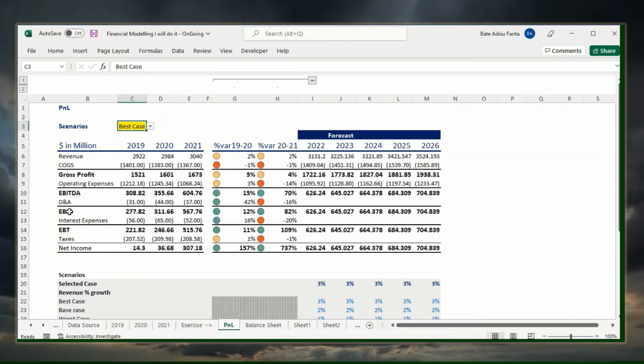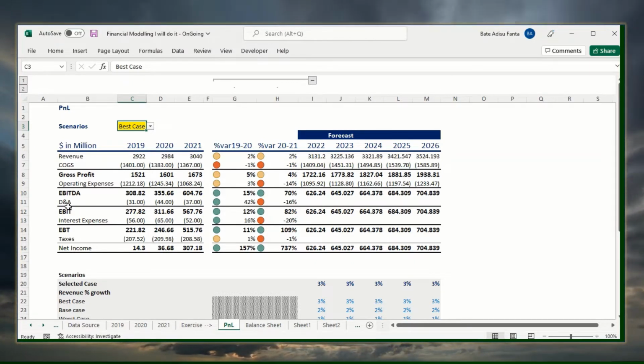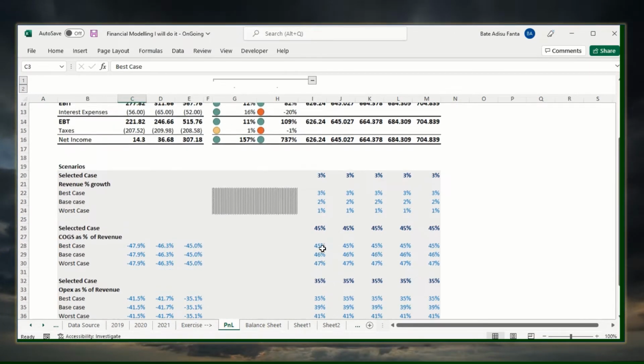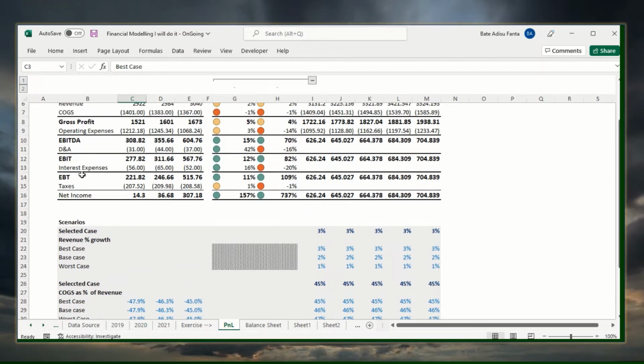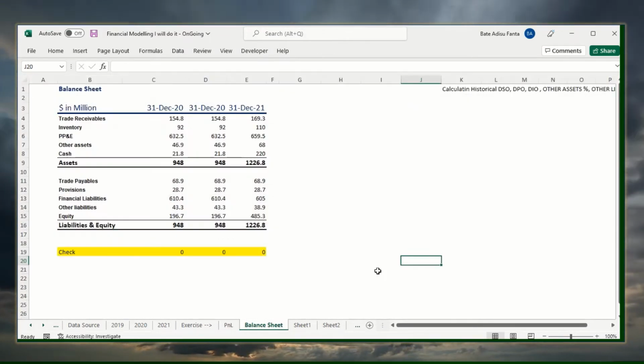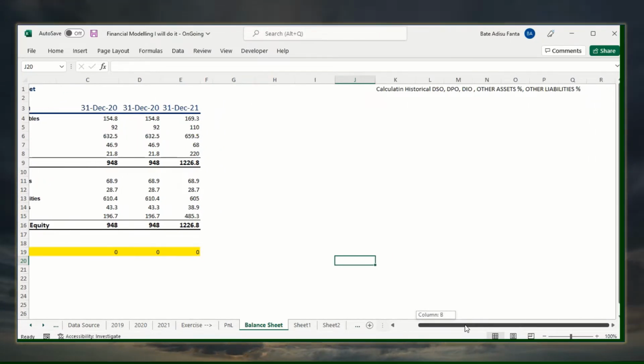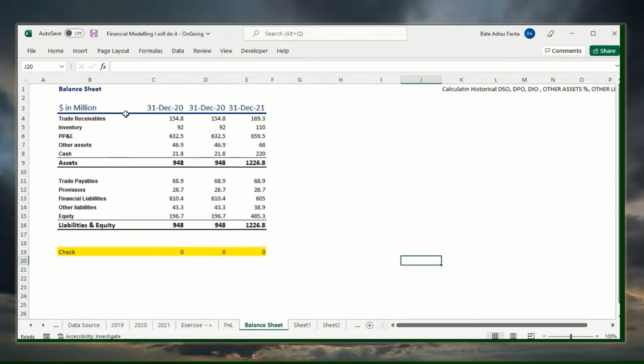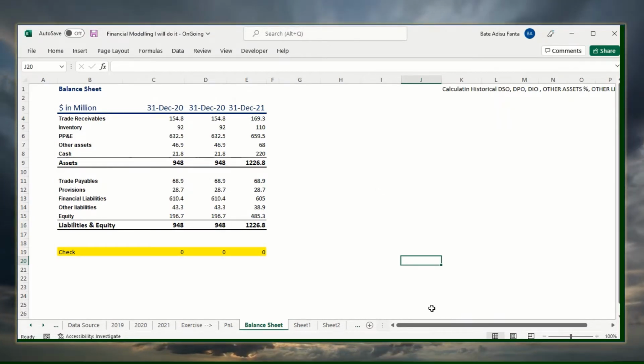As I promised, we will be working on D&A, depreciation and amortization, interest expense, and taxes. But in this video, before we go to these items, let's calculate historical required values for balance sheet projection.